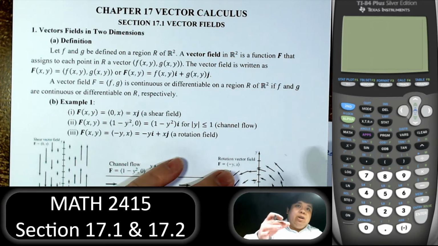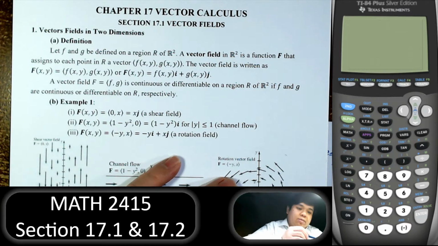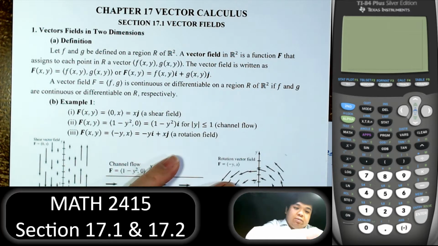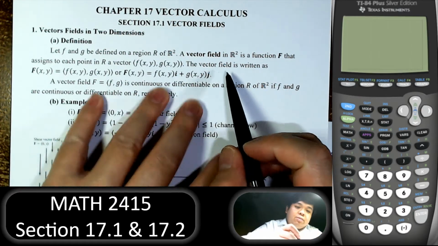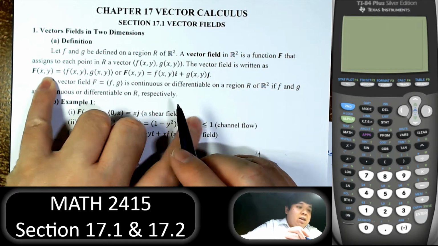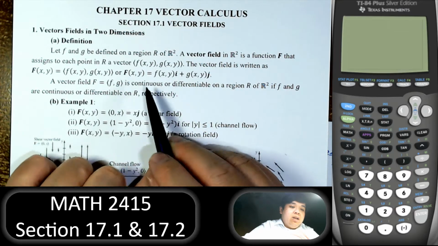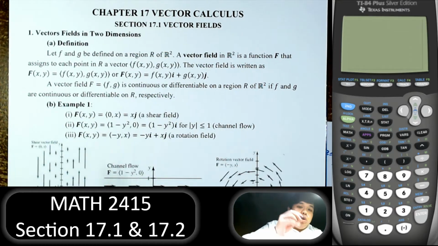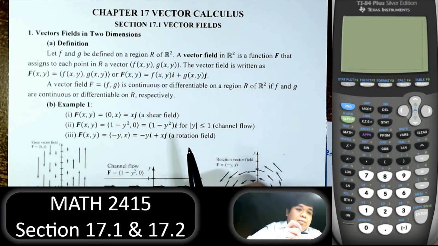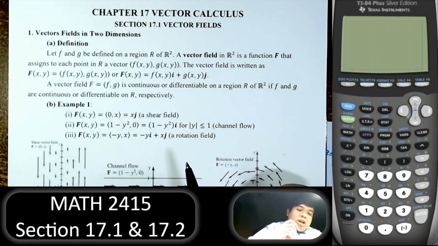This one is a vector field, because we have more than one independent variable, and we have a vector. So a vector field is written with a boldface, because it is a vector. Pretty much, for each point we have a vector corresponding to it. A vector field is continuous and differentiable if each one of its components is continuous and differentiable.